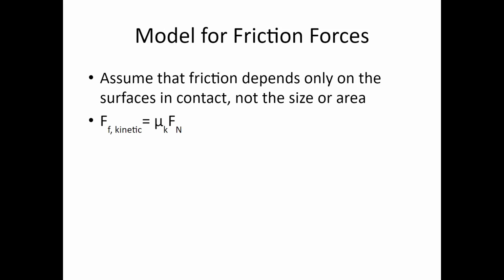And here's our formula. That looks pretty intense, but we'll be okay with it. F sub f is the frictional force. The frictional force equals mu, the Greek letter mu, which is how they denote the coefficient of friction, times the normal force.